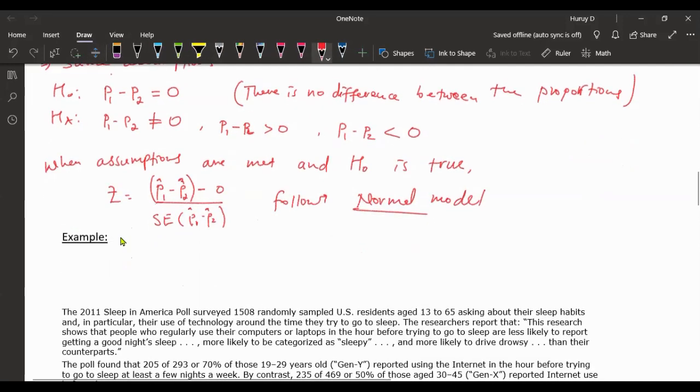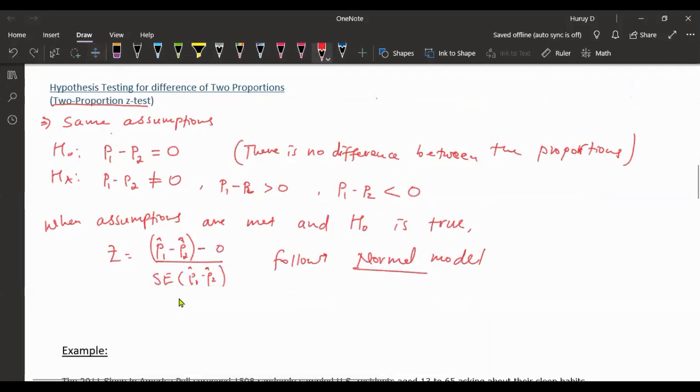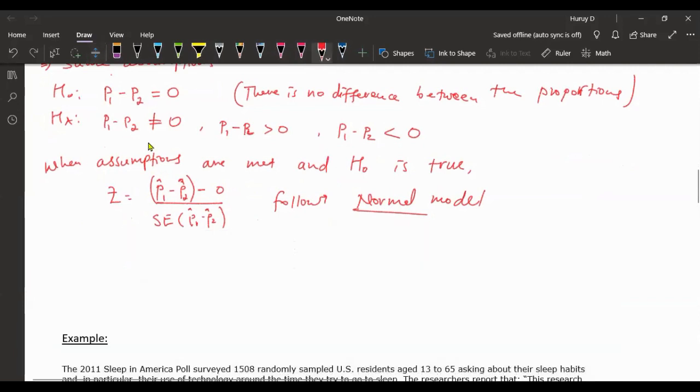So when the conditions are met, we have this distribution now. So using this statistic, now we can find the p-value.